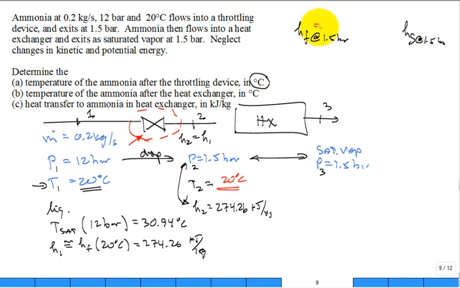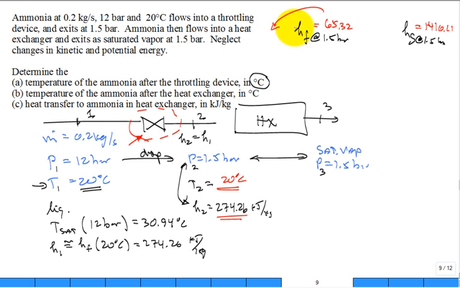H of F at 1.5 bar is 65.32. H of G is 1410.61. And we compare.